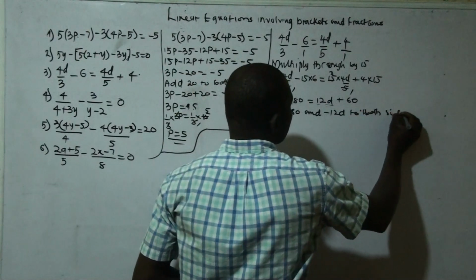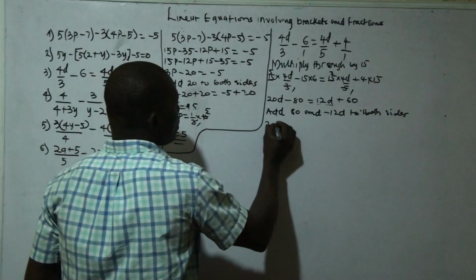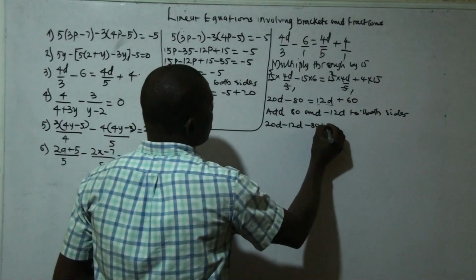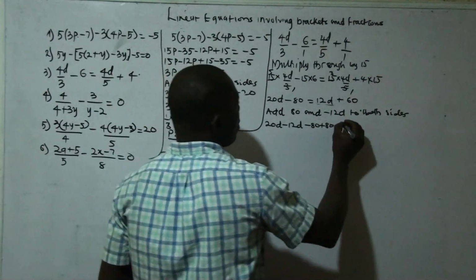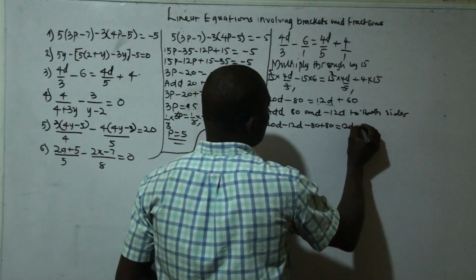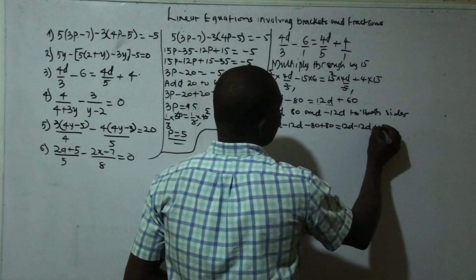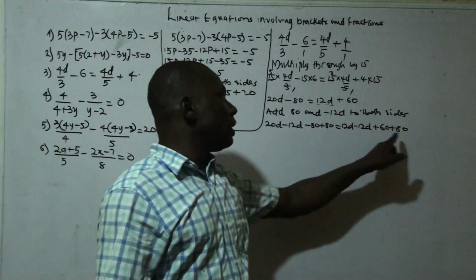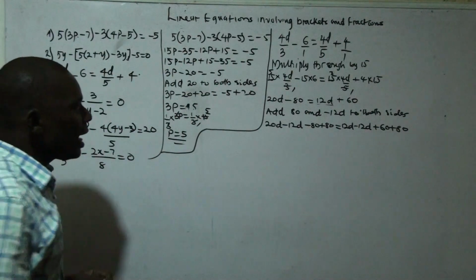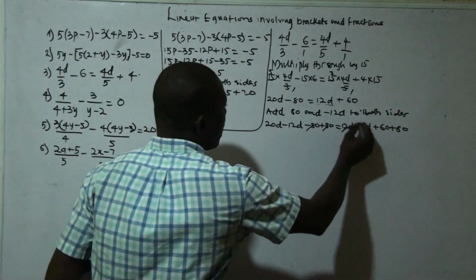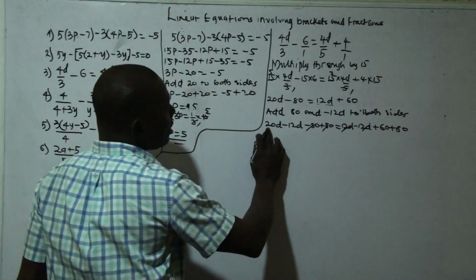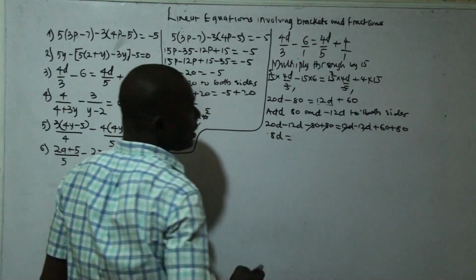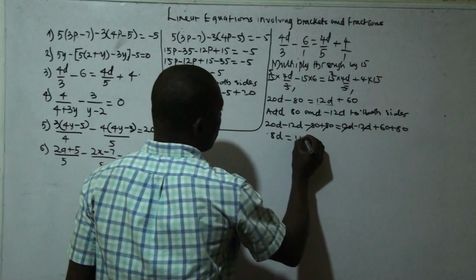So we have 20d minus 12d minus 80 plus 80 equals 12d minus 12d plus 60 plus 80. Once that happens, these go off. So 20d minus 12d gives us 8d. 60 plus 80 gives 140.